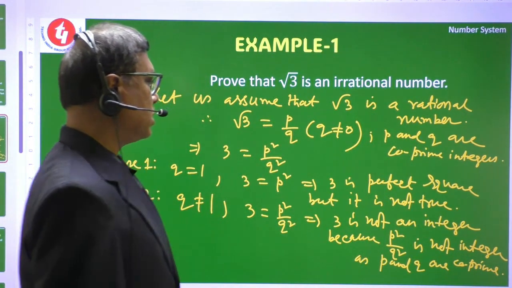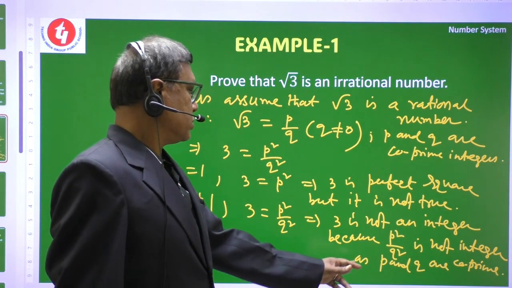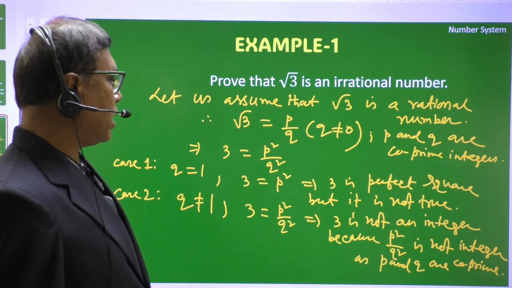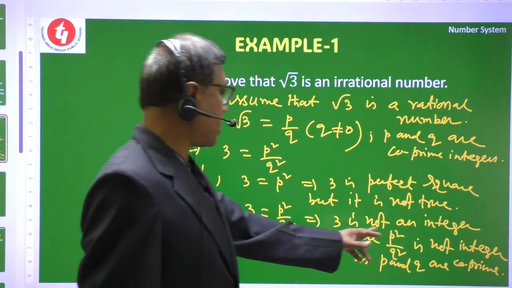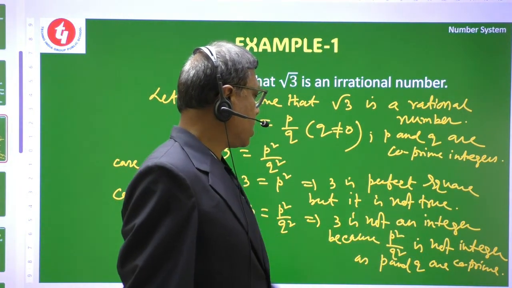Yes. So p and q are co-prime, that's why p square by q square is not an integer, and that implies 3 is not an integer.